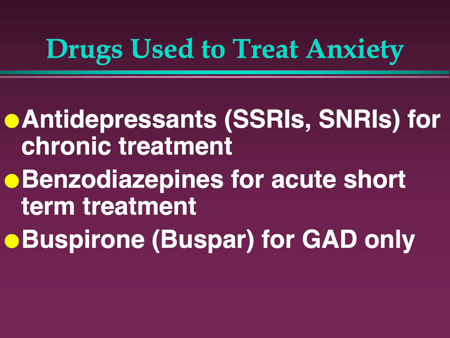There's also one agent, an azapirone, called buspirone, trade name Buspar, which is totally different from any of these others. But it's only useful for treating one form of anxiety, which we call GAD, or generalized anxiety disorder.